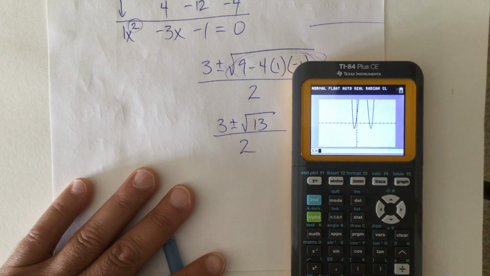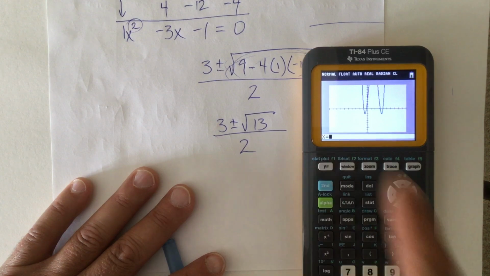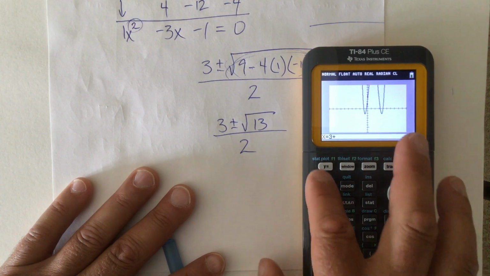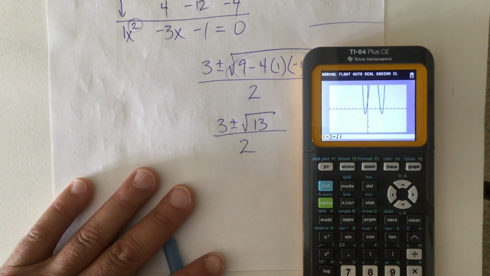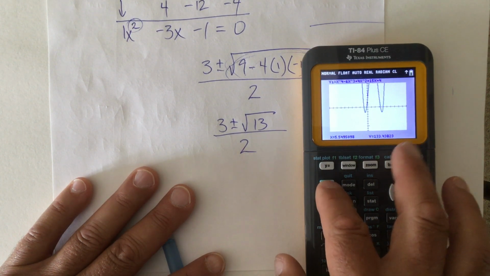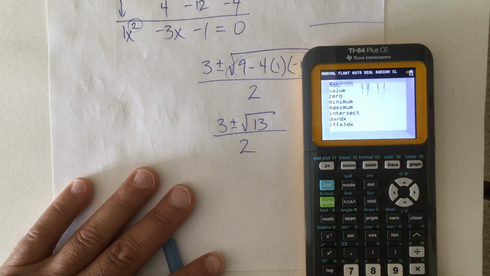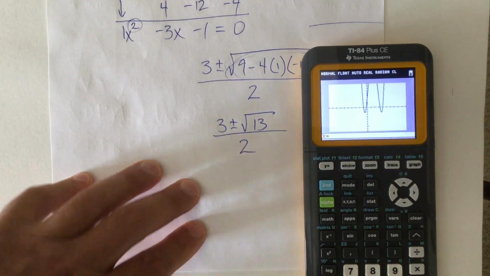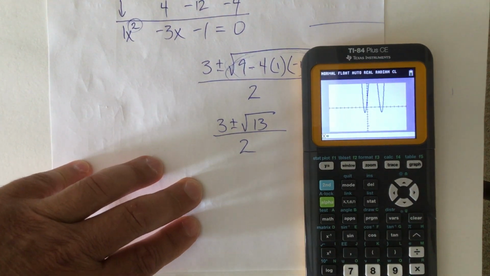Second calc value. And I say unto the calculator, 3 plus the square root of 13 divided by 2. And it's totally going to not be right. What? That's crazy. Let me show you why it's not right. All calculators have one single fatal flaw.